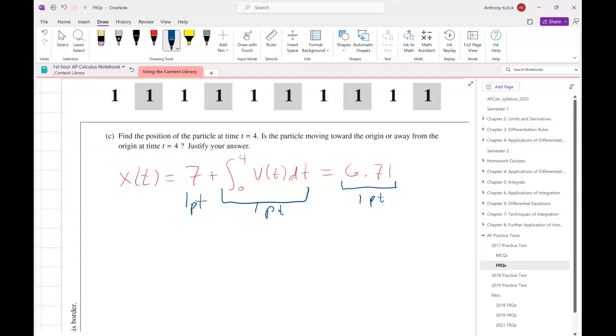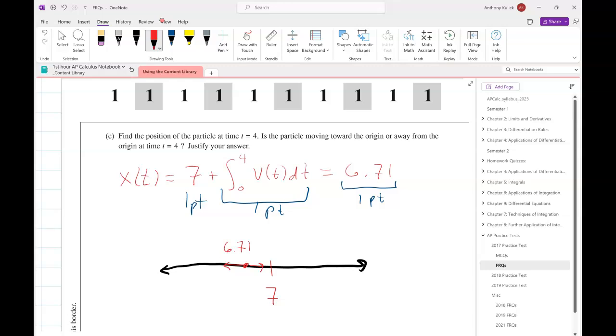Now, to decide whether this thing is moving towards or away, we need to know if we're going backwards or forwards, correct?